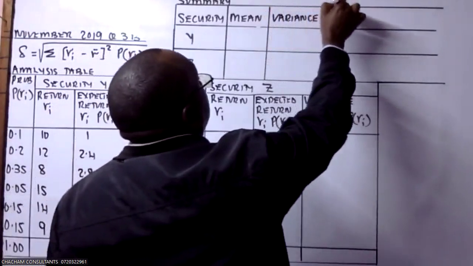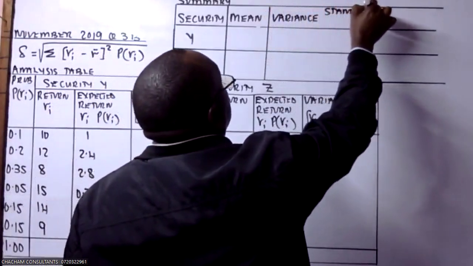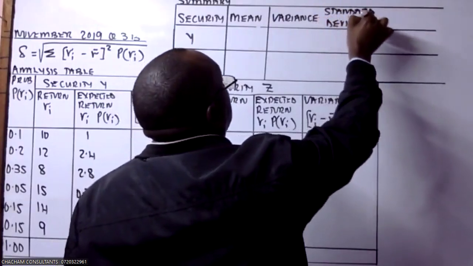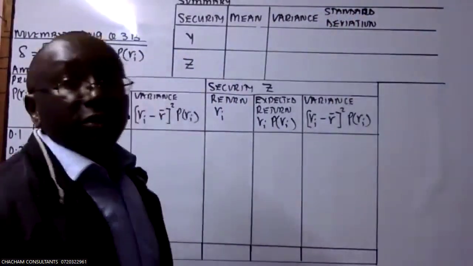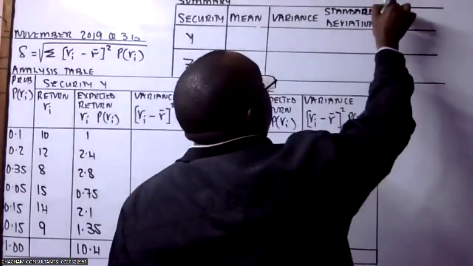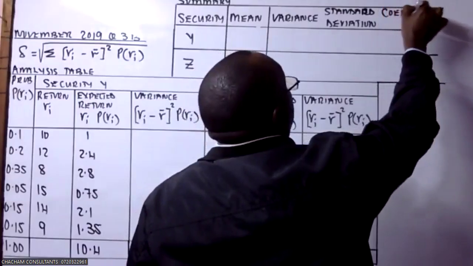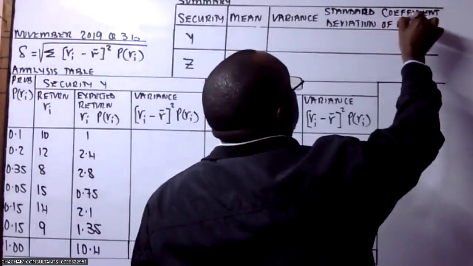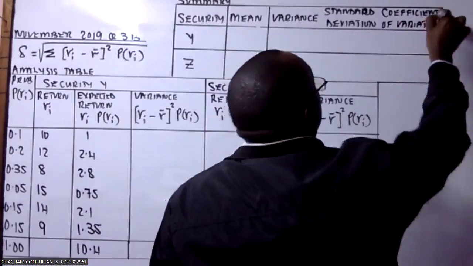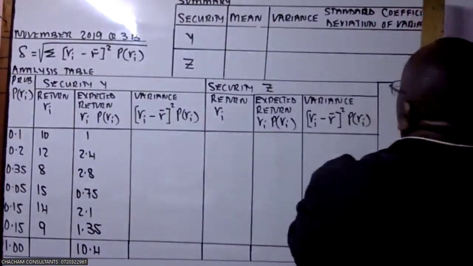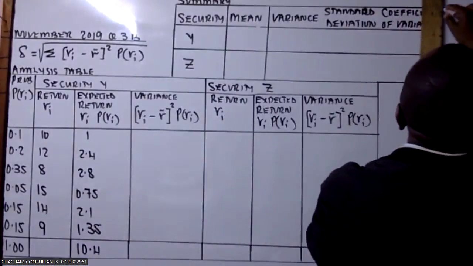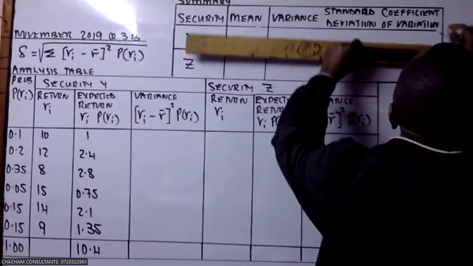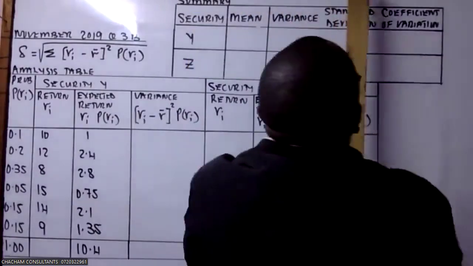Then we will find the standard deviation. Standard deviation. And finally, coefficient of variation. We draw a table that summarizes these things.